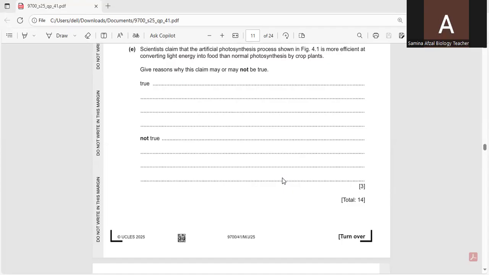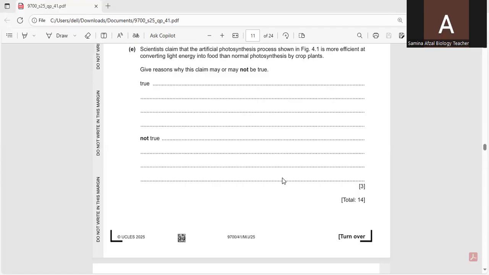First of all, the artificial process bypasses the rate limiting and inefficient carbon dioxide fixation step performed by the enzyme rubisco in crop plants.